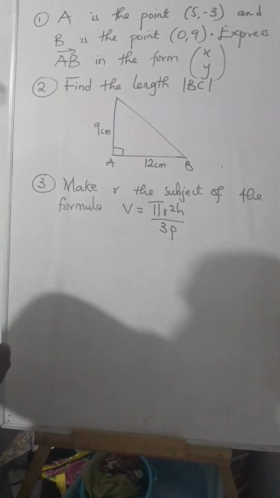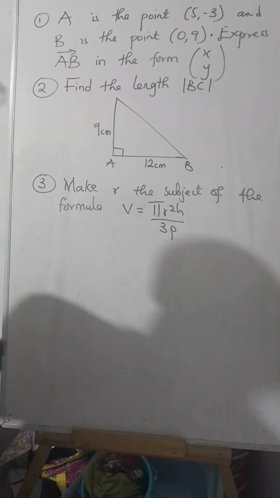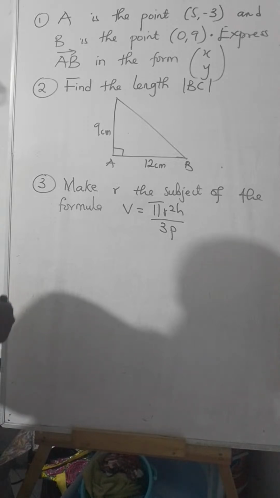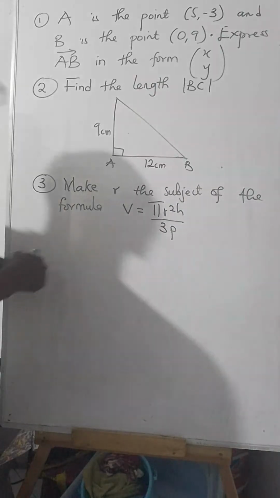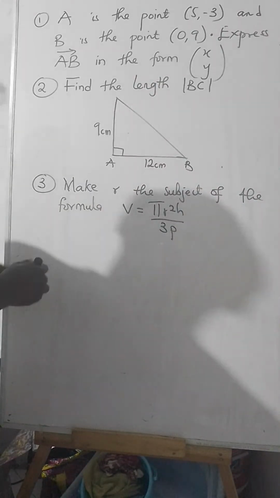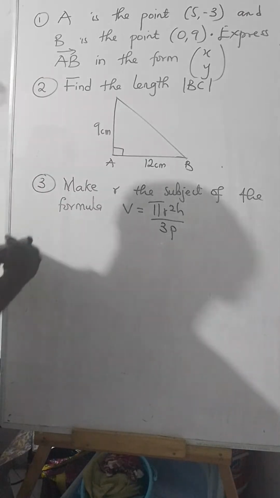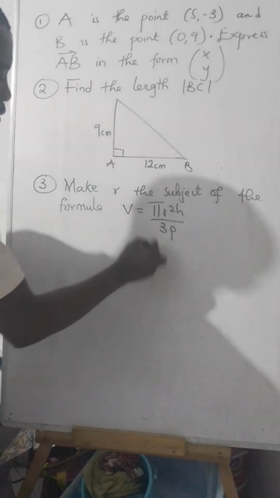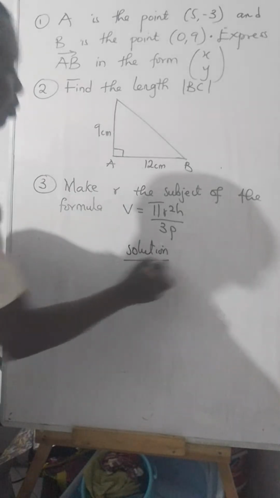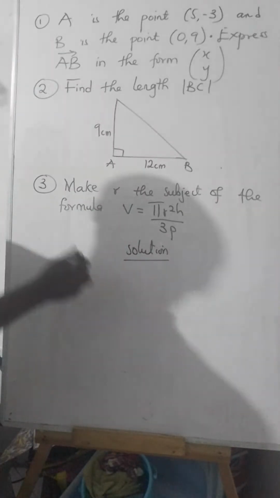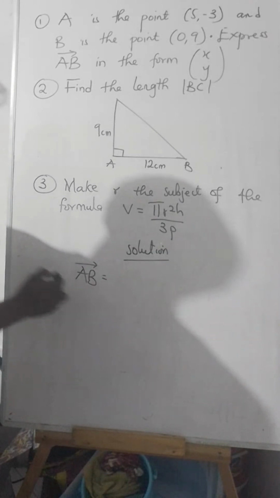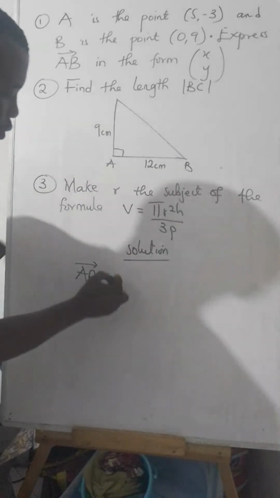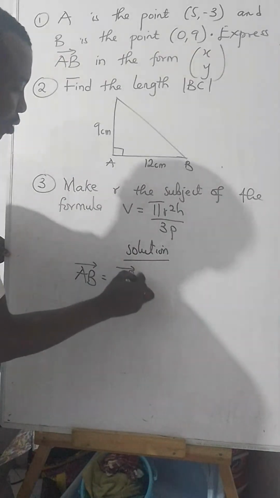So A is a point 5, -3, and B is a point 0, 9. Express AB in the form xy. So that is about vectors. So we want you to find a vector AB. So with this, we have the vector AB to be equal to OB minus OA.